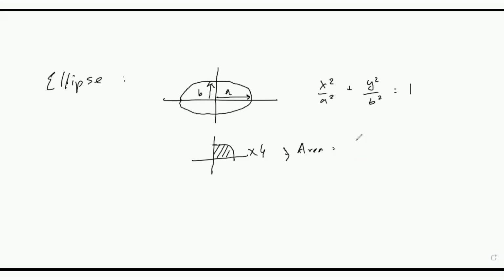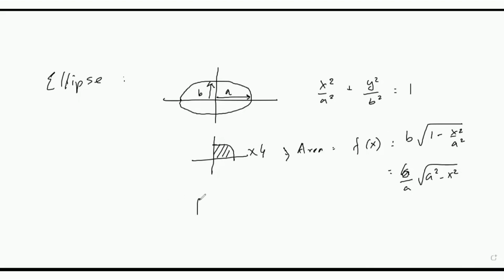The function f of x here would be b times root of 1 minus x squared over a squared, and this is equal to b over a times root of a squared minus x squared.